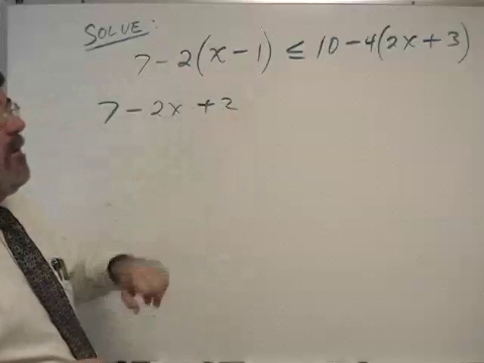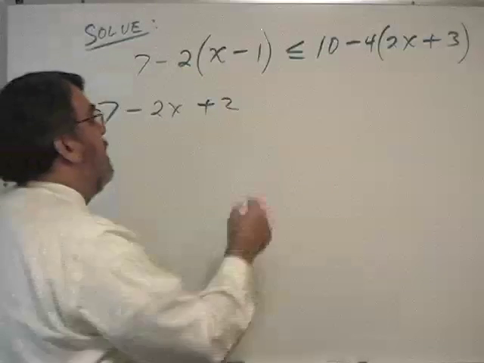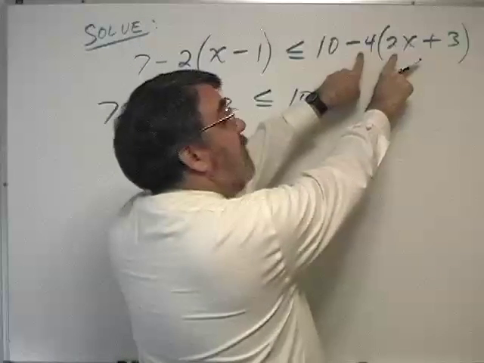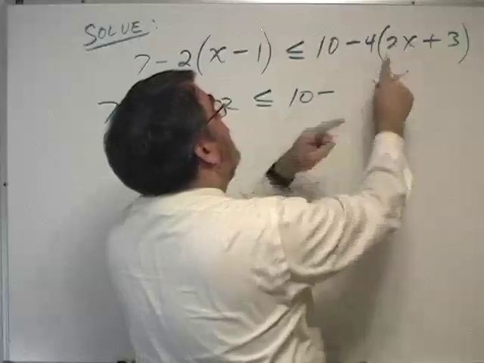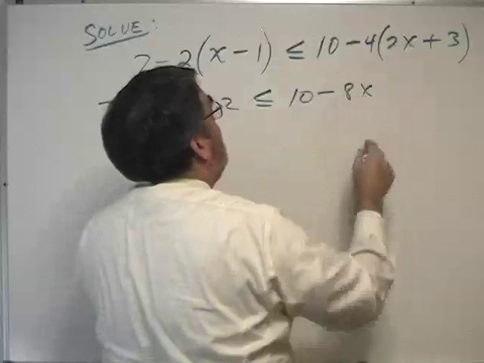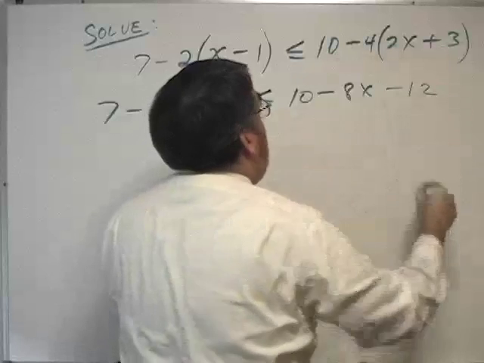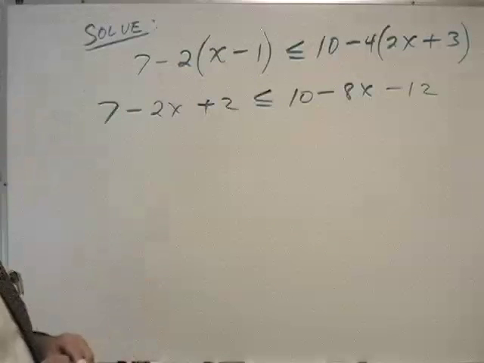People misdistributing here. Is less than or equal to 10 minus, so negative 4 times 2x is minus 8x. And then negative 4 times positive 3 is minus 12. All right, so those are properly distributed.